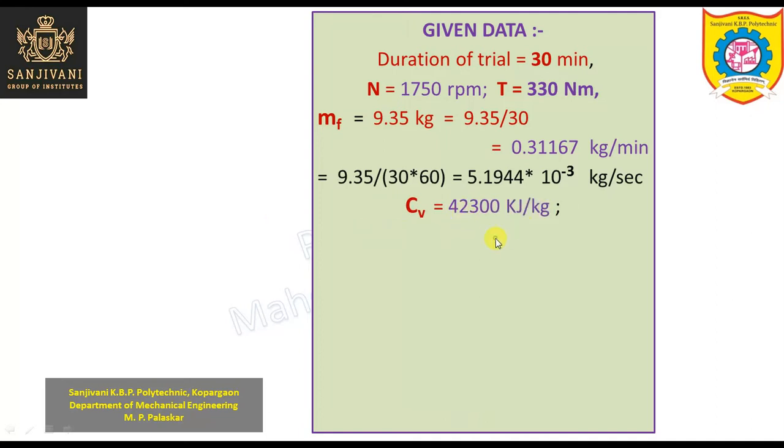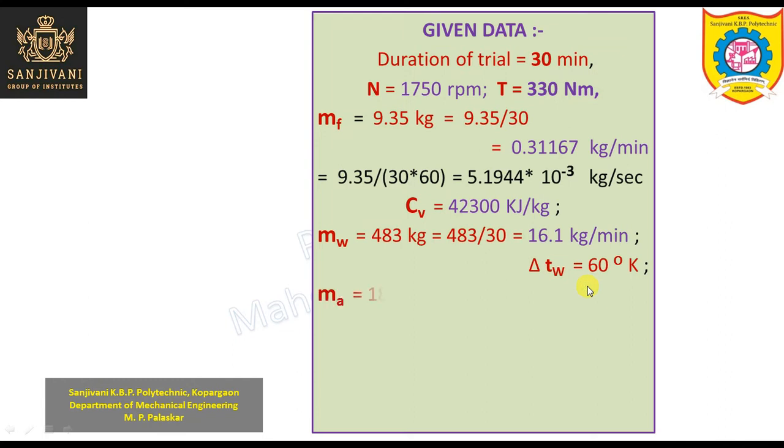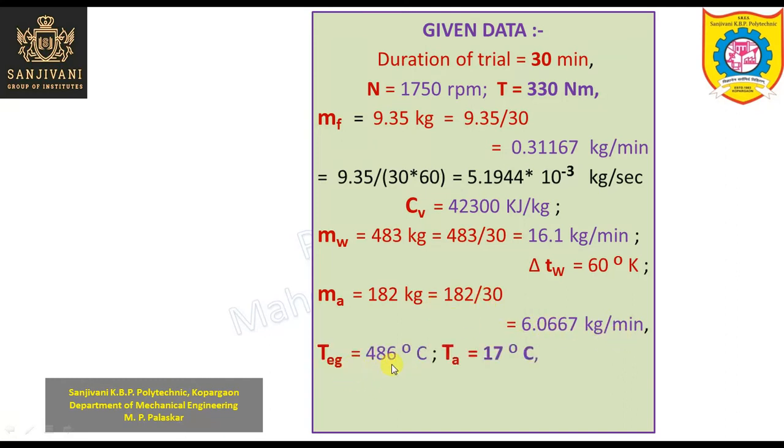The calorific value is given. The mass of water, cooling water, also we have found out. Then the delta TW, the change in temperature of cooling water, mass of air per minute, and this is the temperature of exhaust gas, temperature of the atmospheric temperature is 17 degree centigrade.